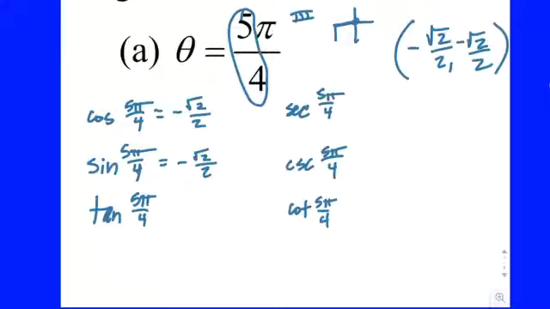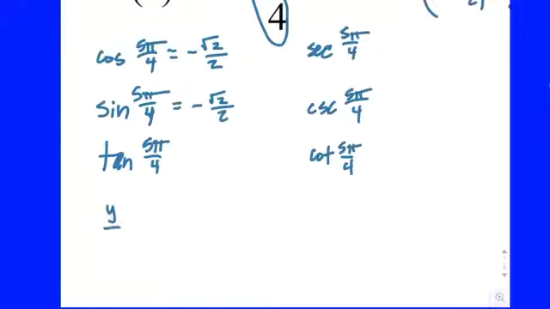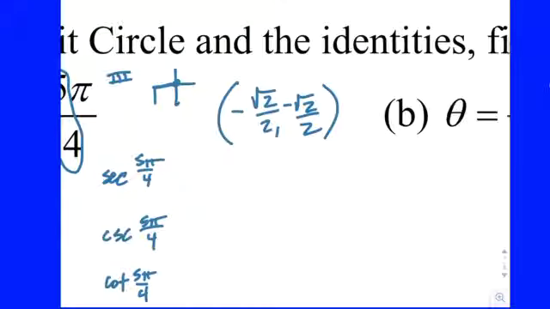Yeah. Now, tangent. Okay, here's where it starts getting different. Tangent is y over x, right? Tangent is y over x. So, for tangent and cotangent, you're always going to be dividing one of those ordered pairs by the other, or one of those coordinates by the other. Because we worked hard to get the denominators to be the same all the way around, 2's, they're always going to divide out.